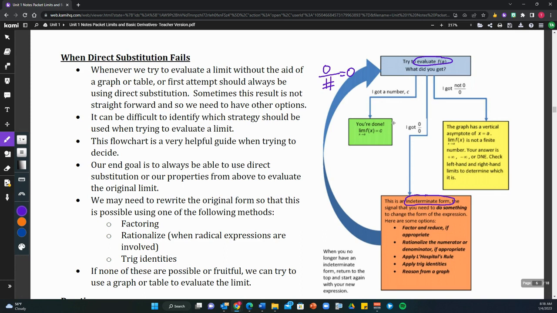And so when we have a ratio of a really tiny value to a really tiny value, it's hard for us to determine which one of those is bigger than the other and see how their ratio actually evaluates. So that's why when we get a result of 0 over 0, it's referred to as an indeterminate form. Now, later on down the road, we're going to take a look at some other indeterminate forms, things like infinity over infinity, 0 to the 0, infinity to the 0, 0 to the infinity.